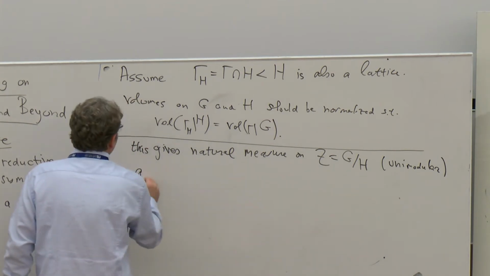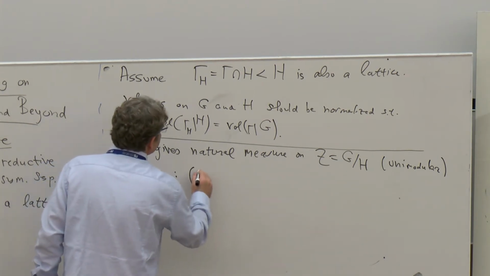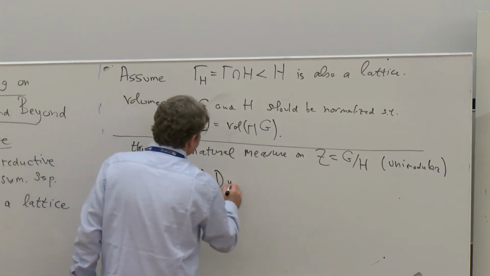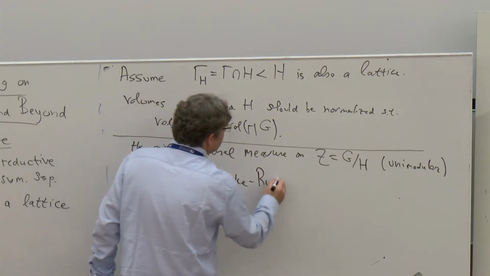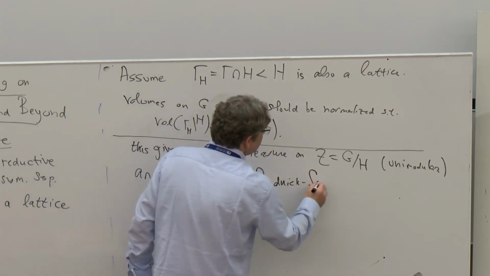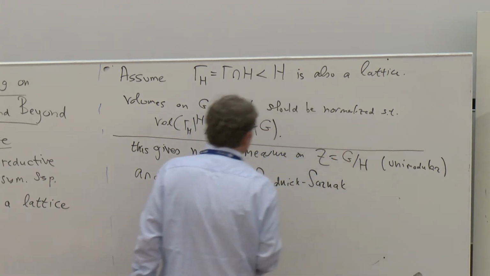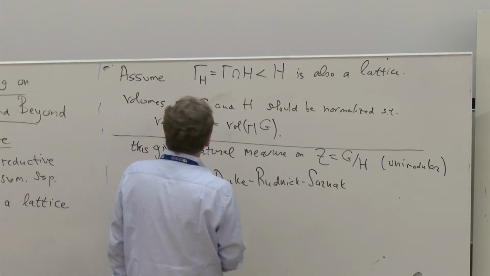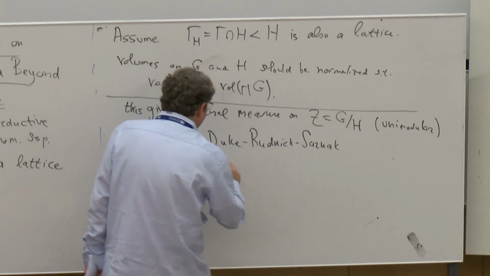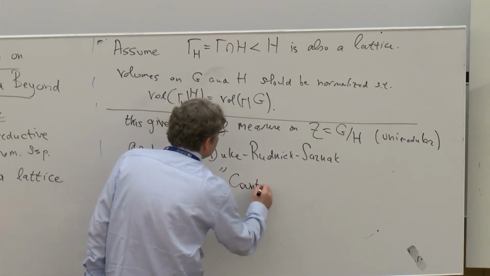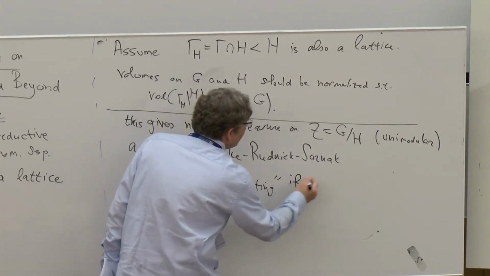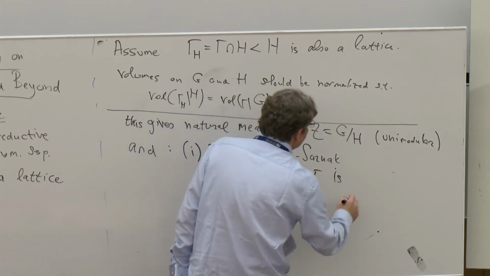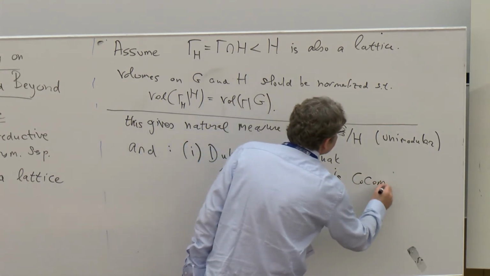And there were two groups working on this subject. The first is Duke-Rudnick and Sarnak. And under these assumptions, they proved counting if gamma is co-compact.